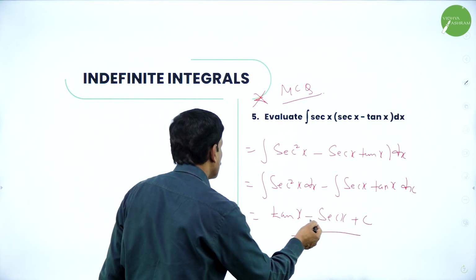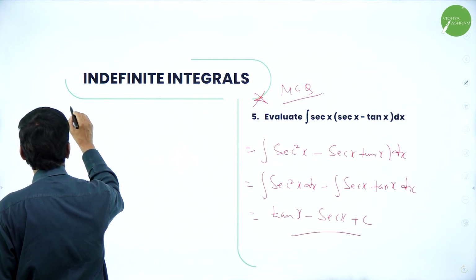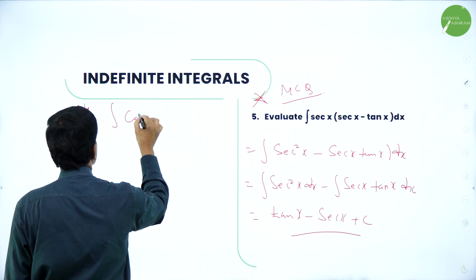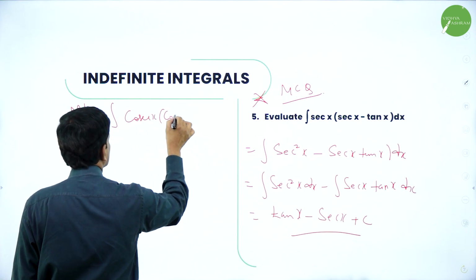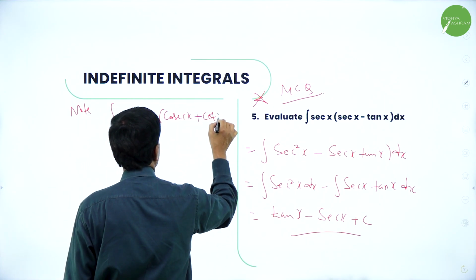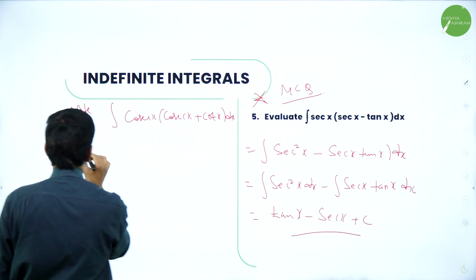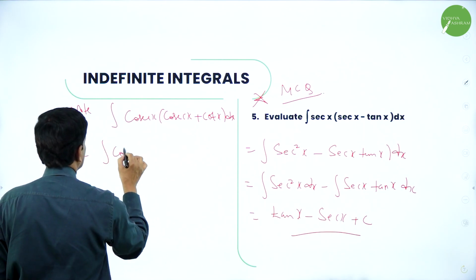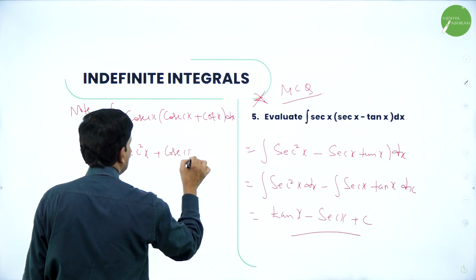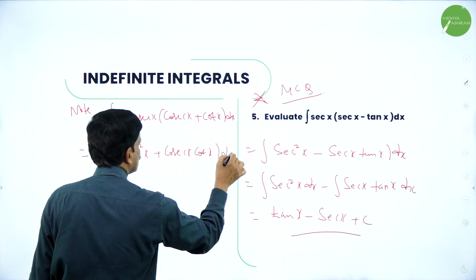Similarly, there is one more problem like this. Suppose it is like this: evaluate cosecant x into cosecant x plus cot x dx. So this can also be written as cosecant into cosecant is cosecant square x plus cosecant x cot x dx.